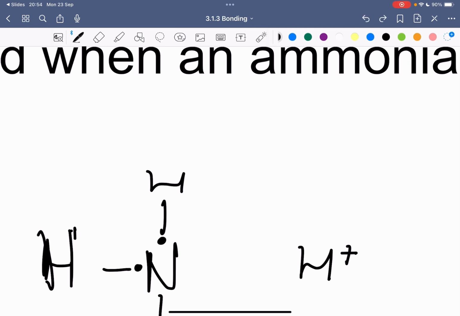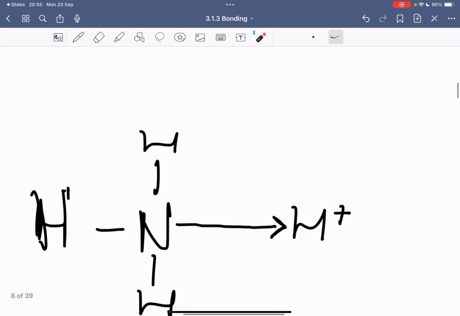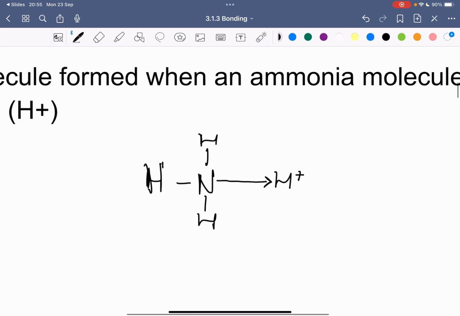But in your exam, you don't really have to draw the electrons. You can just draw a bond like that. However, you do want to show that it's a dative covalent bond and not a normal covalent bond. The way you do that is you draw an arrow from the atom that's giving both electrons towards the atom that's receiving both electrons. And then that's your structure.